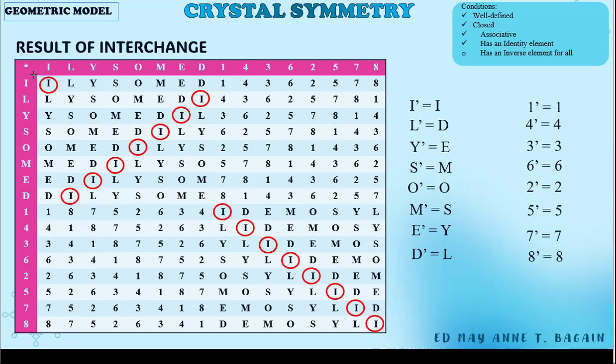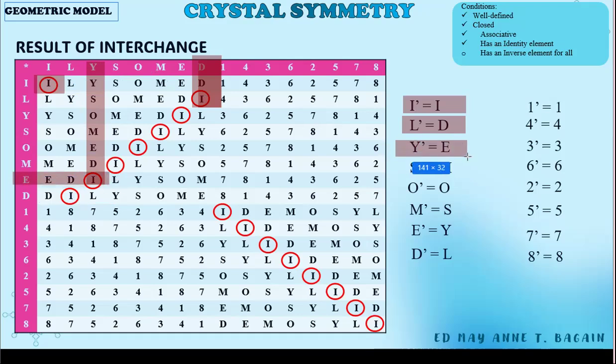As we can see here, for L, where's the I in L's row? It's at the D, as we can see. That's why the inverse of L is D. And then Y, let's check. The I is at the E, as we can see.